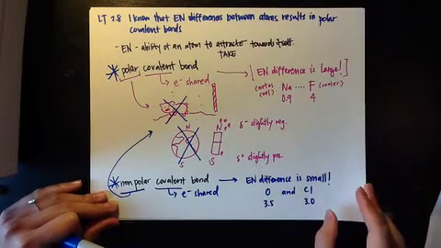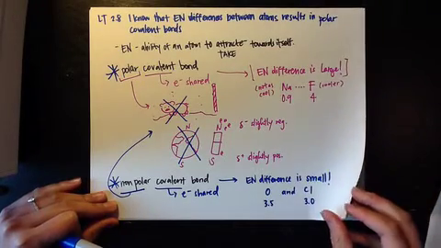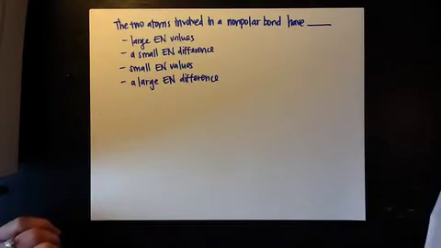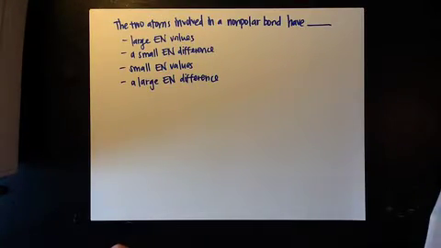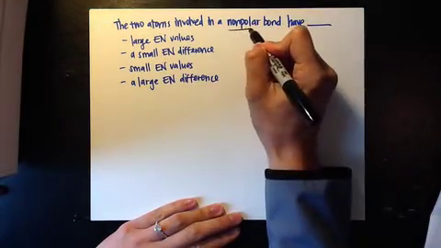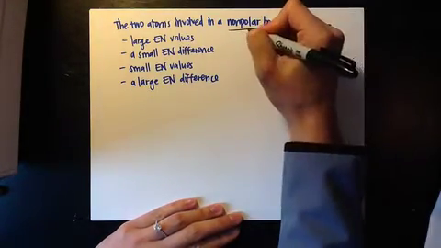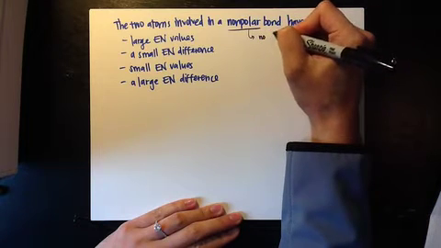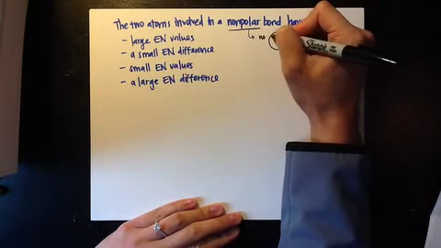Okay, let's go ahead and try a sample question. The sample question reads as follows: the two atoms involved in a nonpolar bond have blank. Okay, so thinking back on what we just talked about, looking at your notes, nonpolar bonds, no polar bear, no poles.